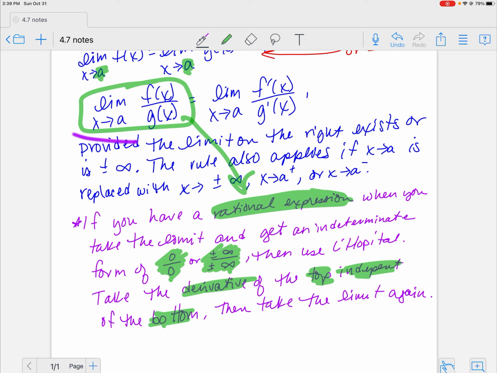So given a rational expression, if I get an indeterminate form of 0 over 0, or infinity over infinity, positive or negative, then I take the derivative of the top divided by the derivative of the bottom. And that's how we roll. That is L'Hopital. And you just take the limit again, because the goal is that now this is something I don't have an indeterminate form of, and I can just go forward with. You know we're going to do some examples. That's coming up next.